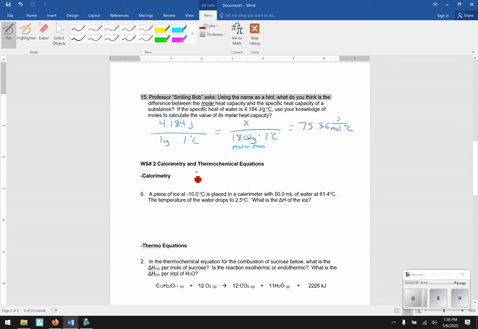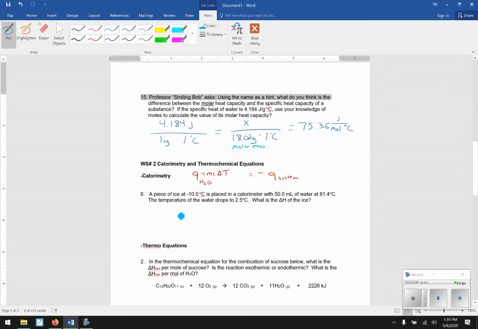The thing you have to remember here, we're doing Q equals MC delta T. But generally, we're doing Q of the water, and then equals negative Q of the system, whatever we're interested in, because the water is going to be our surroundings. So we're always going to find out the change in heat in the water, and then we're just going to flip the sign, and that will tell us what the change in heat of whatever we're interested in happens to be.